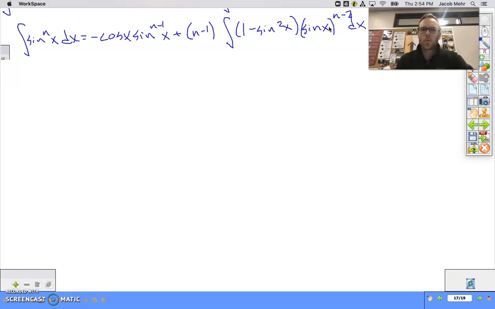We mentioned that if we distribute this, we're going to have a sine to the n minus 2 minus a sine to the n. So let me write that down here.